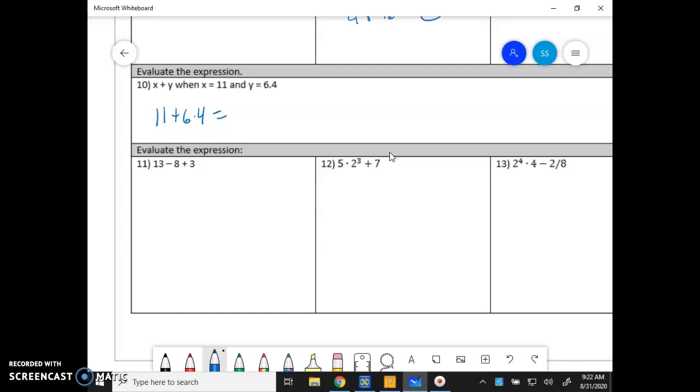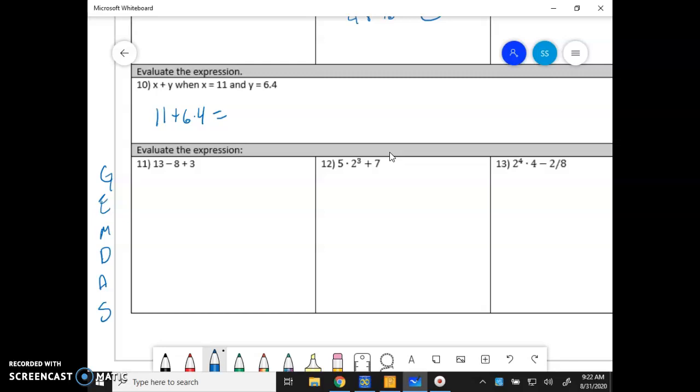Just remember, maybe I should write this out. Here's my GEMDAS, right? GEMDAS. And just remember, the M and the D are kind of like equals, and the A and the S are kind of equals. So here we have just subtraction and addition.